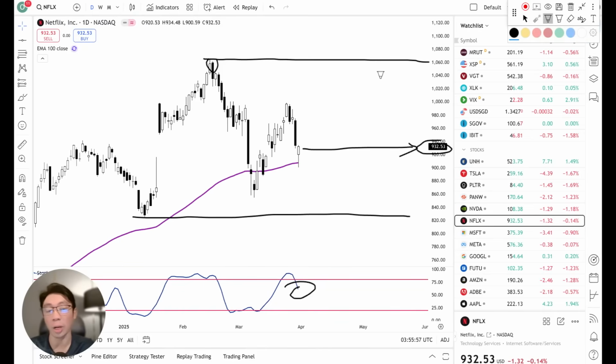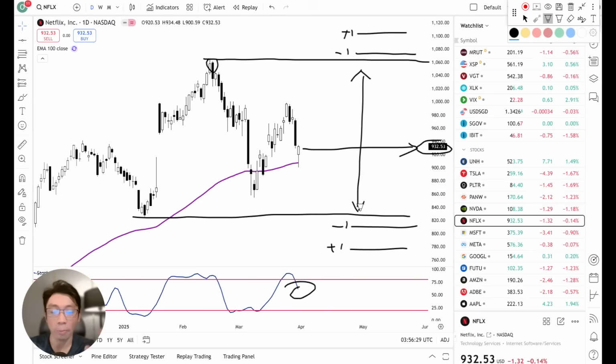That means when I choose my short strike for the call spread side, I want to ensure it is going to be above this resistance level. This is where I'm going to sell my bear call spread, which is one part of the iron condor. And on the bottom side, I want to ensure that my bull put spread, which is the second part of the iron condor, is going to be below this support down here. This is very important, because this is pretty much where our range is going to be when we are trading the iron condor. This is our profit zone.